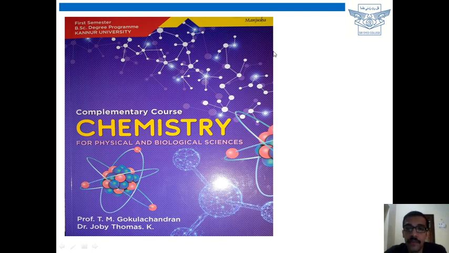It is available at the cooperative store in the college. You can also get the book from outside, like DC Books Calicut as well as Atulya Books Kannur. So you can get the textbook either from a shop or from the college itself. Okay, right.